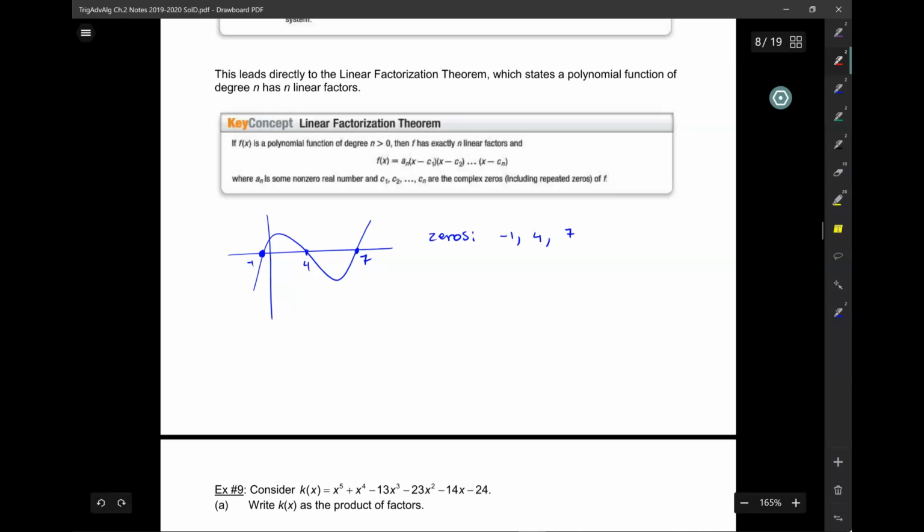If x equals -1 is a 0, it means x plus 1 is a factor for this function. If x equals 4 is a 0, x minus 4 is a factor. If x equals 7 is a 0, x minus 7 is a factor.